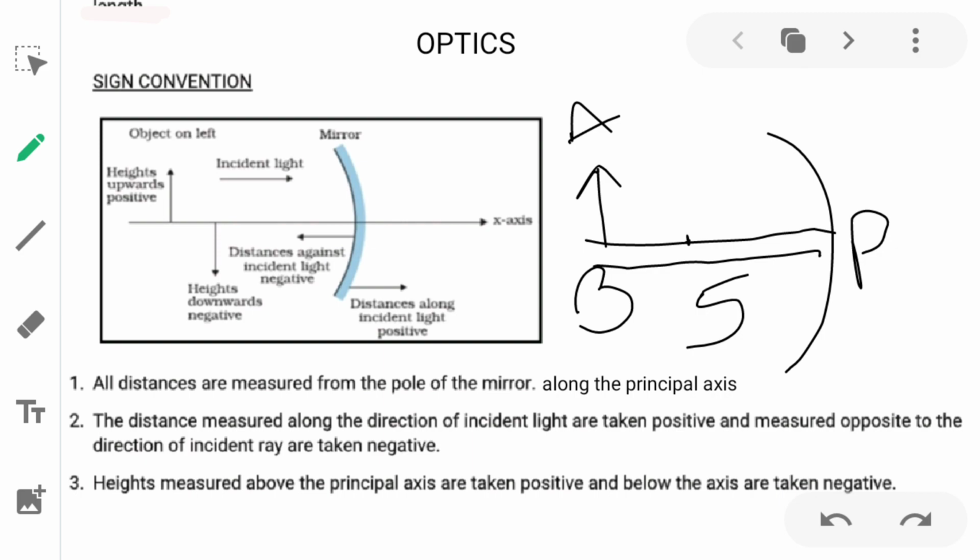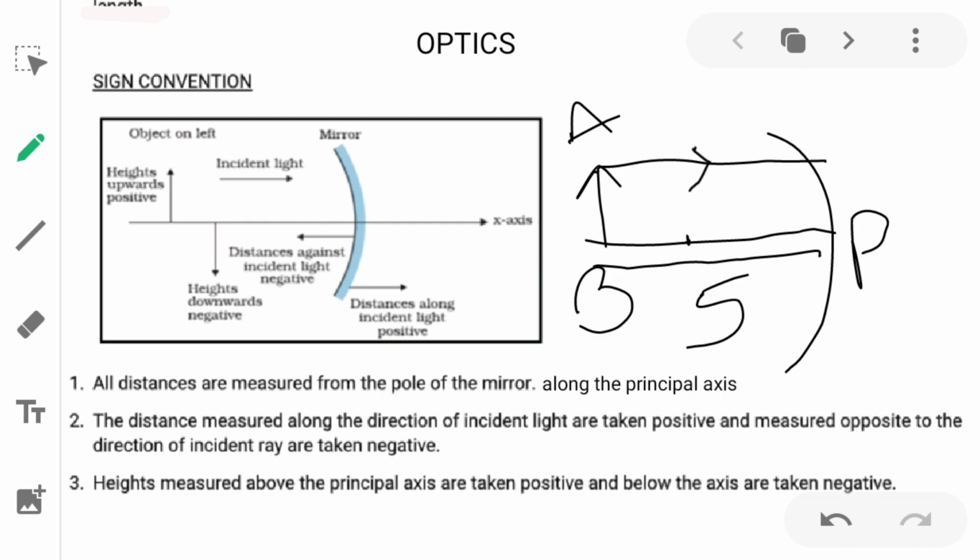Then second point is the distances measured along the direction of incident light are taken positive and distances measured opposite to the incident light direction are taken negative. It means we have kept an object AB in front of the mirror. Then the light rays from the object are going to incident on the mirror.